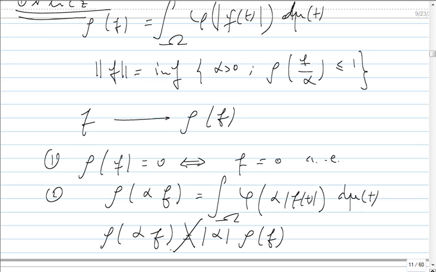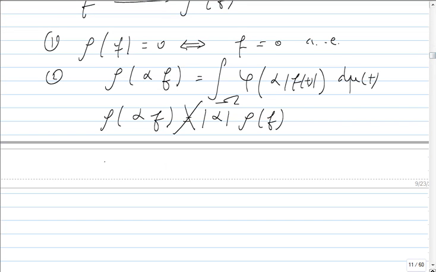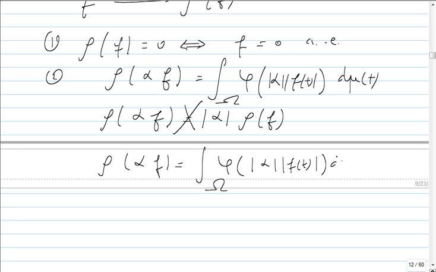I'm sorry, here I forgot to mention that it's going to be absolute value of alpha times f. So if the absolute value of alpha is equal to 1, we get rho of alpha f is equal to 1 times rho of f.